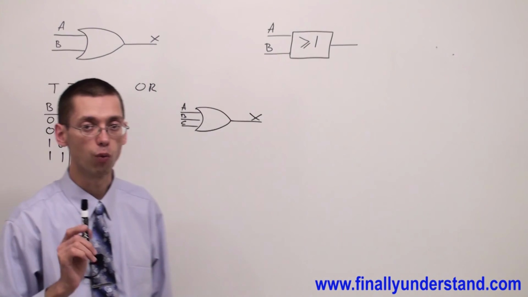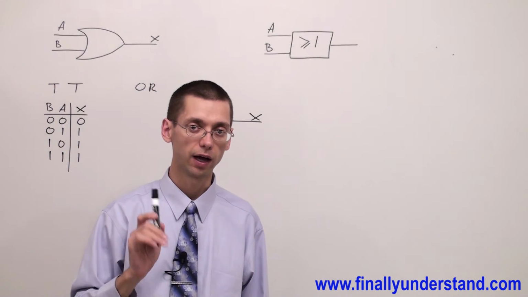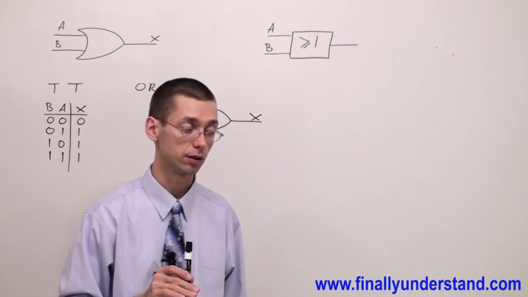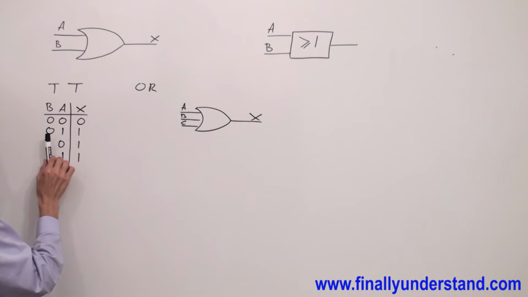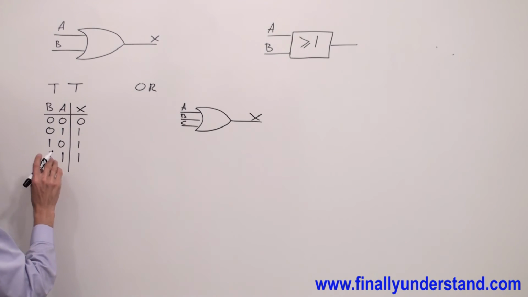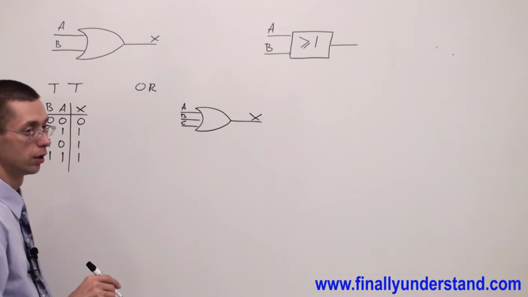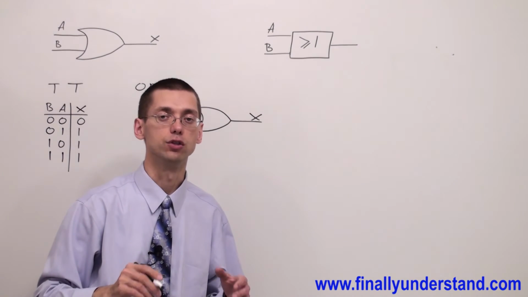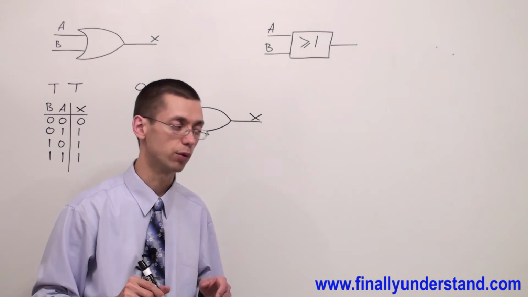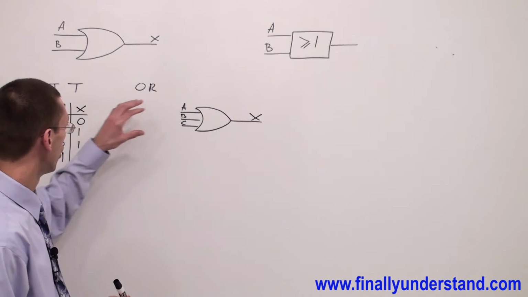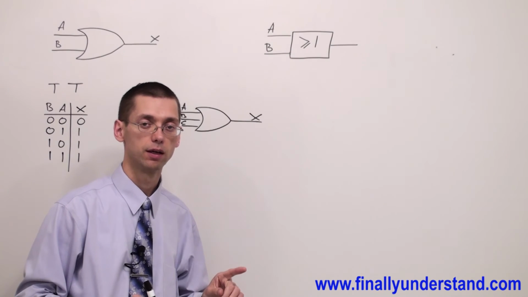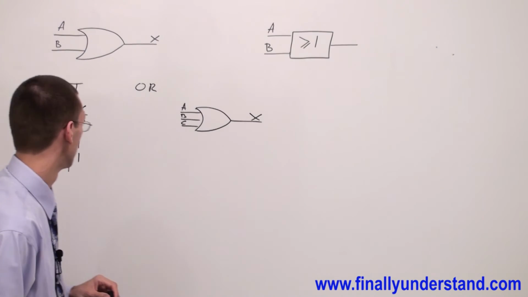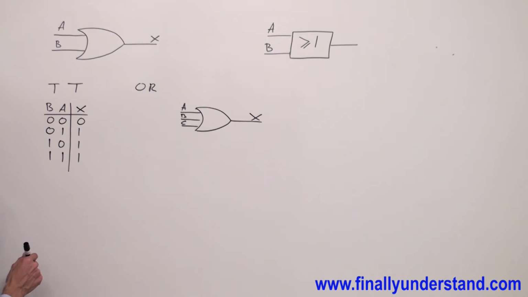But if at least one of them is high, output automatically becomes high, according to this table. And this concept applies to all OR gates, no matter how many inputs they have. If all inputs are 0, output is 0. If at least one of them is high, output automatically becomes high. Okay, so this is the truth table of the OR gate.